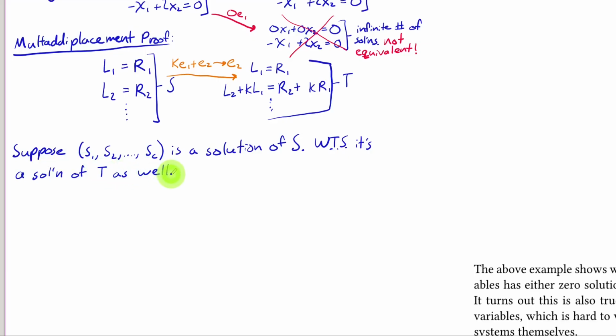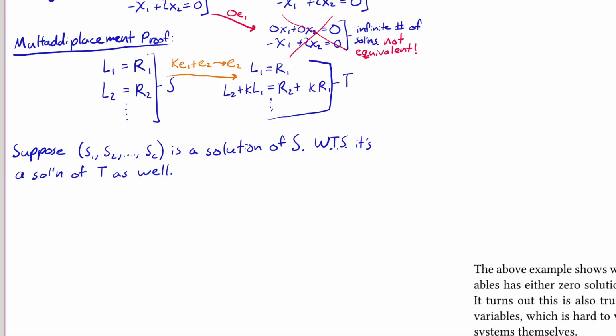So first, we need to show that any solution of S is also a solution of T. So you write suppose or assume that you have some solution of system S here, and the goal is you want to show it's a solution of T as well. So that's why I write WTS, want to show it's a solution of T as well, just to lay out what is the goal for this part of the proof.